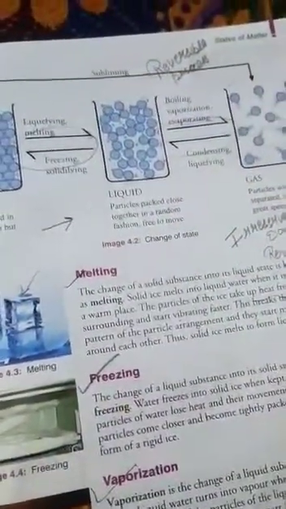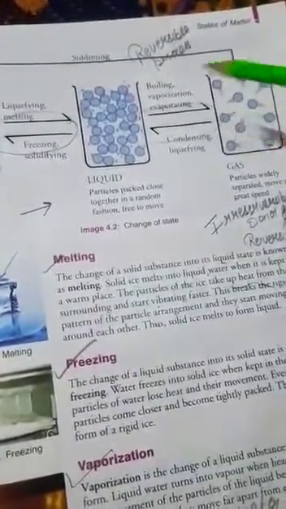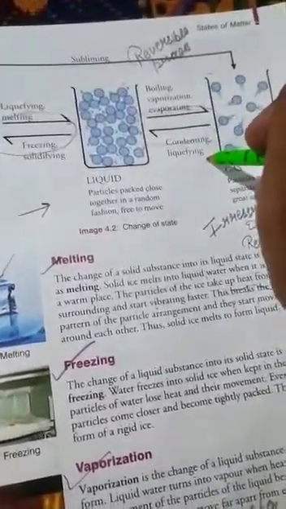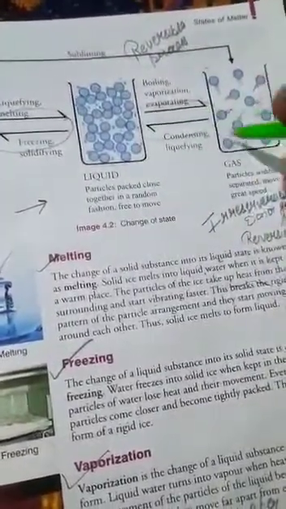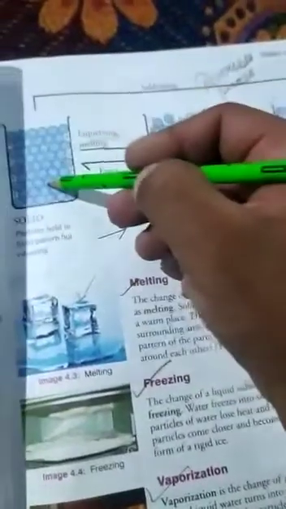Like if we take the example of water, by condensing or liquefying, we change the gas back into liquid. And if we solidify the liquid by keeping the water in the freezer, we get solids.